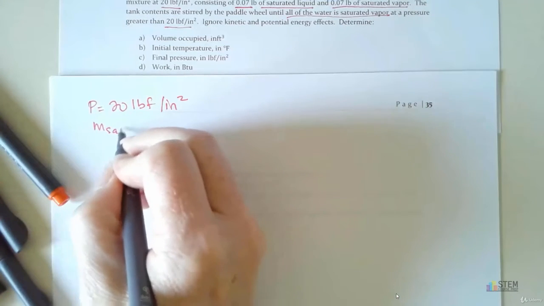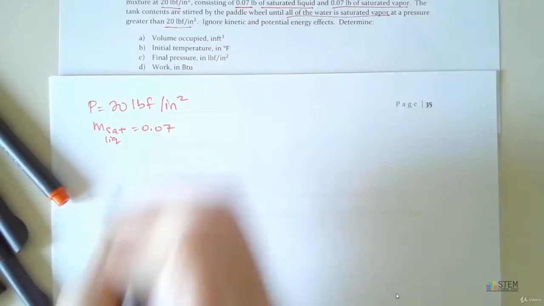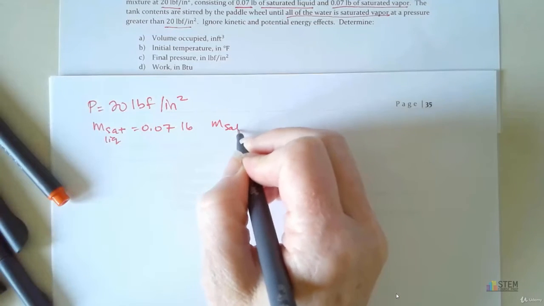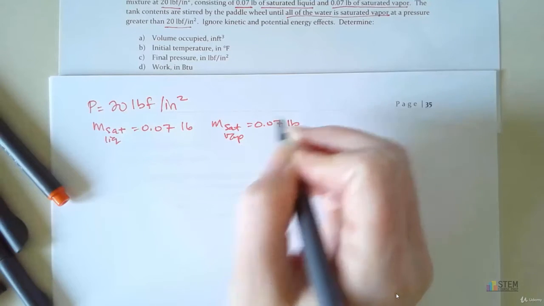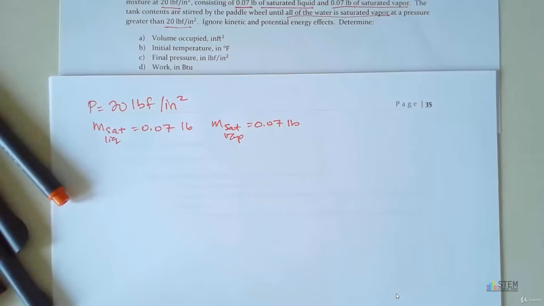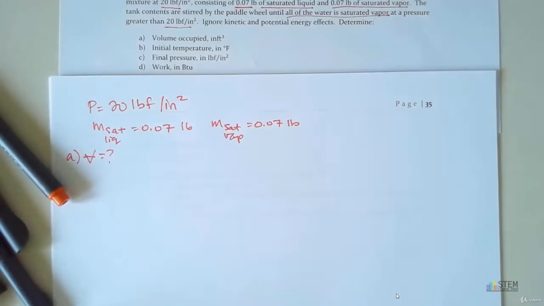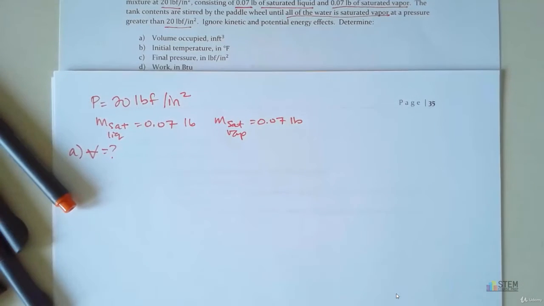The mass of the saturated liquid is 0.07, that's in pounds, and then the mass of the saturated vapor is 0.07 pounds. Now we're wanting to find volume first, that's what we're looking for, a capital V with the bar through it. Now the way we're going to find that is to use specific volume.